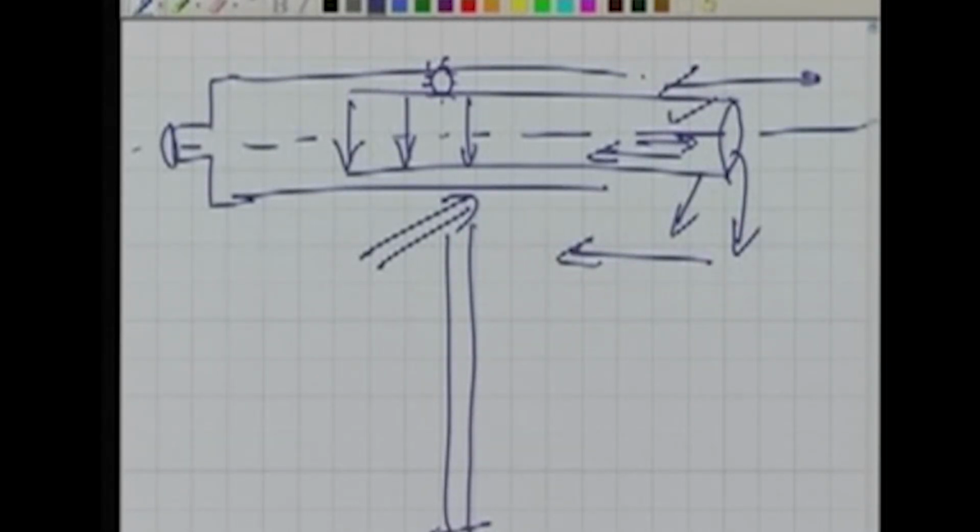Then this part which is coming out of the tube is exposed to dust. So there will be a lot of dust in the telescope. So because of these reasons, this external focusing telescope is not used anymore. Most of the instruments which you find now will be of internal focusing type.